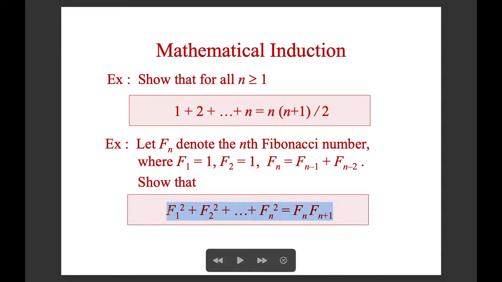On the other hand, suppose that we start with F1 squared plus F2 squared up to F_n squared, and we have no knowledge. Then it is rather hard to know what we are going to show and what the relationship between these is. So mathematical induction is very useful in verifying whether a certain relationship is correct, but it doesn't give us knowledge to explain why it is correct.